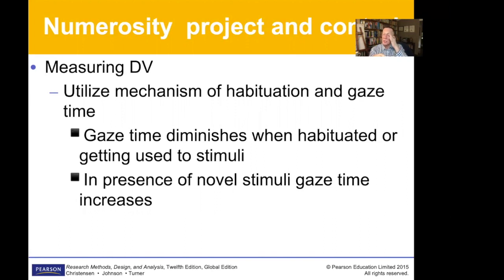So if you show a baby a novel stimulus over and over again a few times, he will lose interest because he gets habituated, or used to this, and the gaze time decreases.